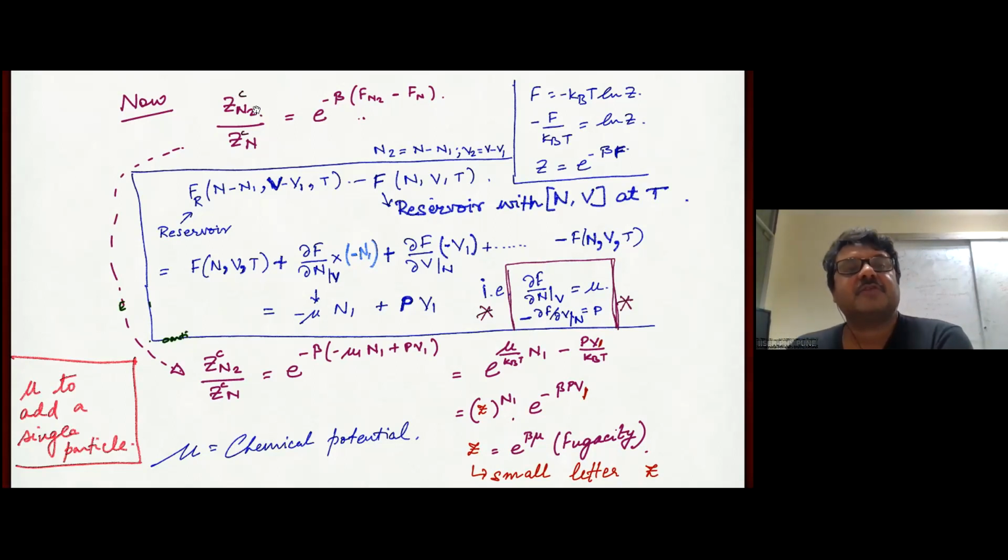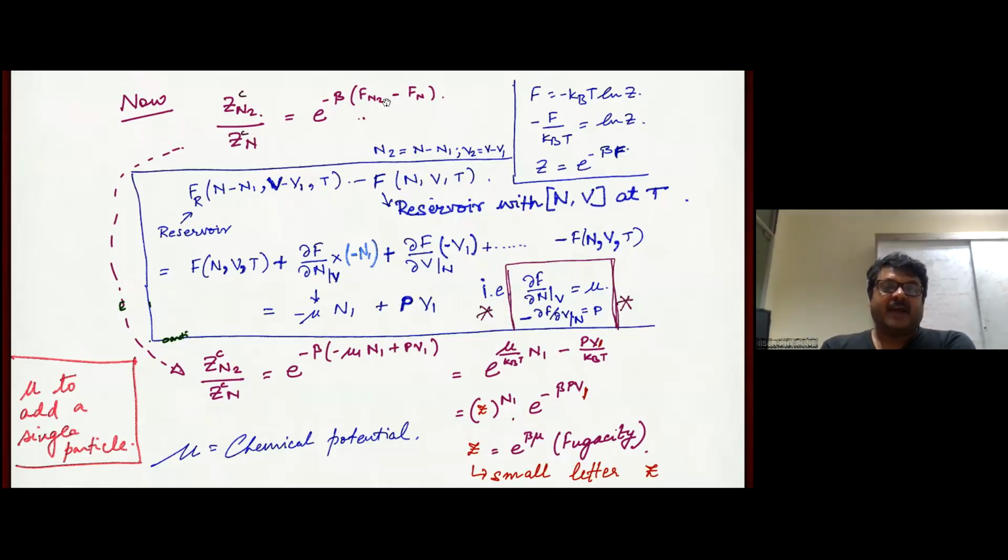So this is for the reservoir, and this is with N particles in the reservoir. And why can we write this? Because F equal to minus kBT ln Z, right? F by kBT equal to minus ln Z, and basically then Z can be written as e to the power minus beta free energy. So that's all that we are using.